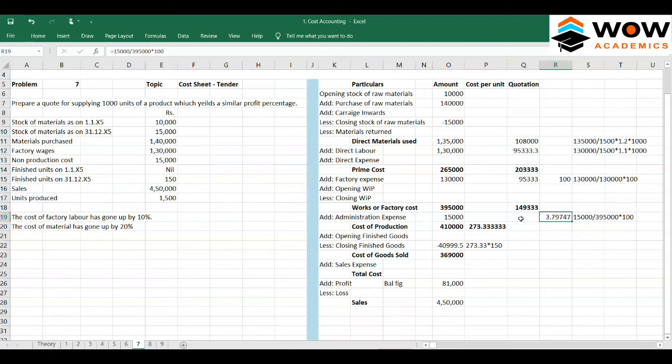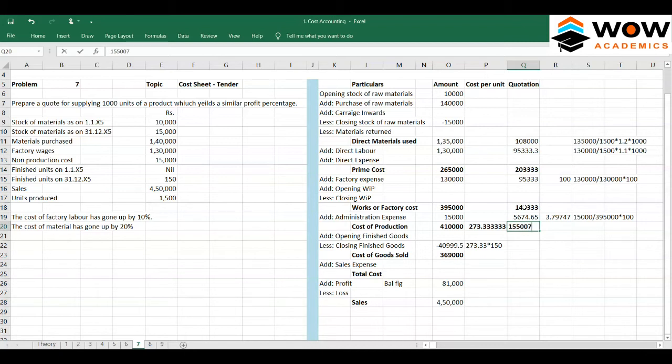We'll take it as 3.8. Okay, so when your works cost is this much, of that 3.8% is your administration cost. Okay, so add both, you will get your cost of production.